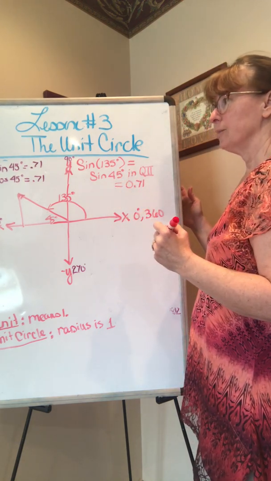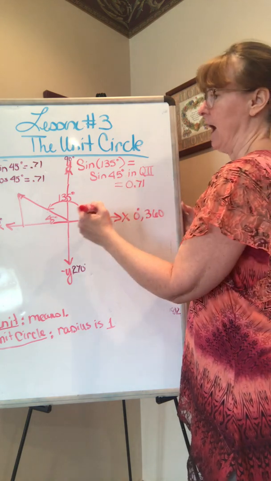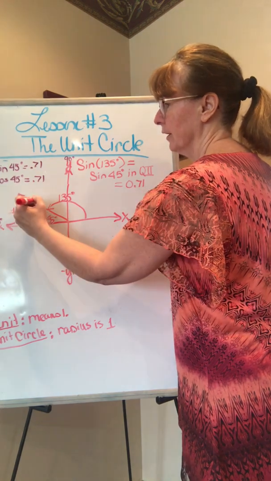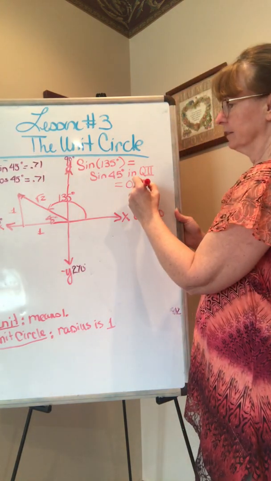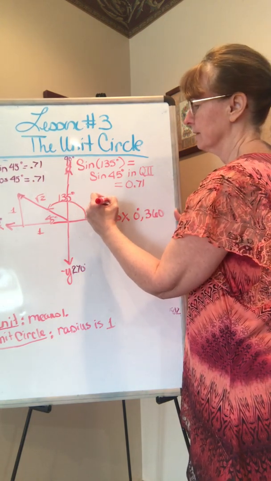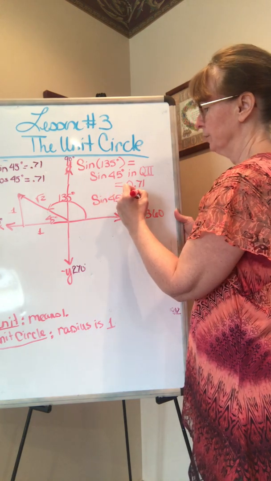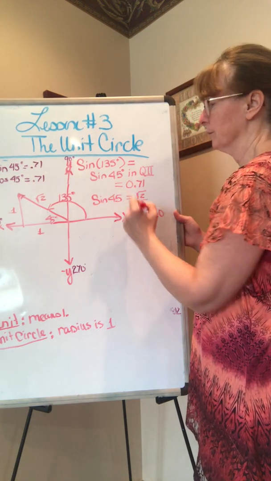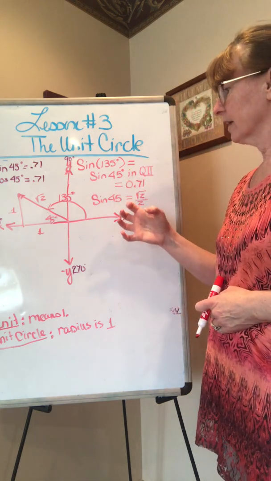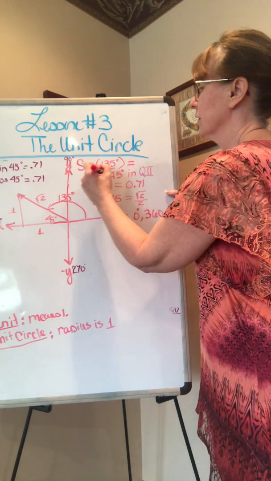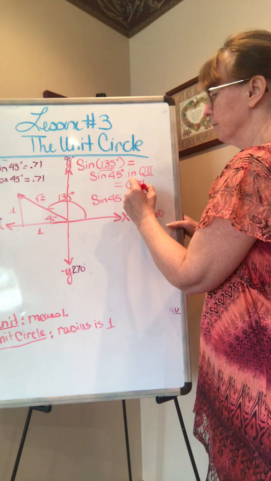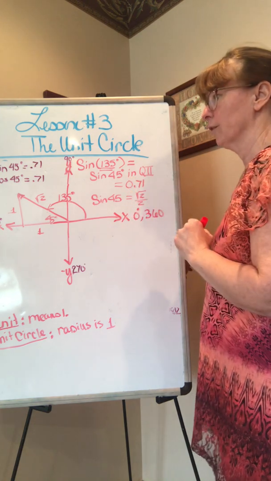But if I wanted the exact value, I would go back to labeling 1, 1, rad 2. This decimal here, 0.71, would also be the same as the sine of 45, which would be rad 2 over 2 from the other video. And they're all connected together. So again, the sine of 135 is equal to the sine of 45 in quadrant 2, which would be positive 0.71 or rad 2 over 2.